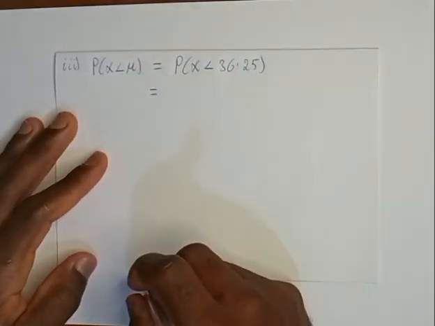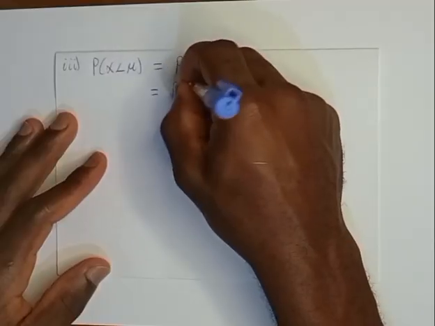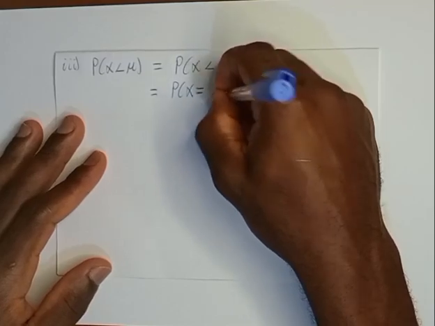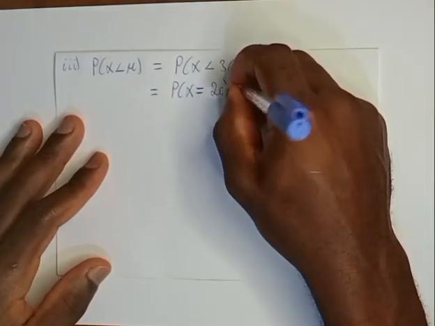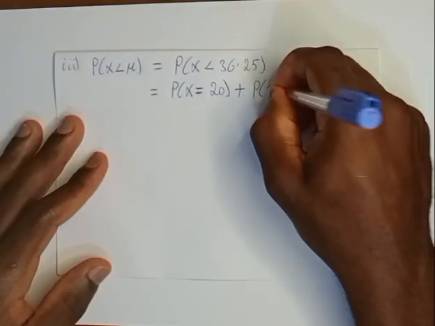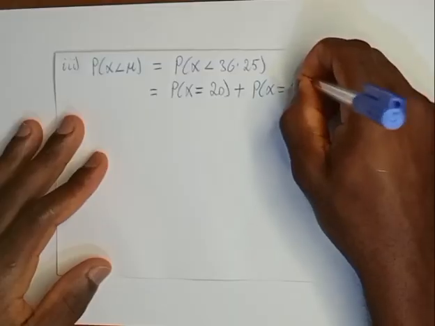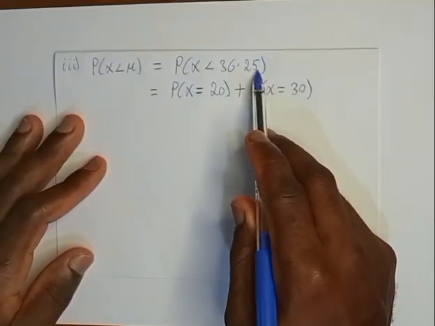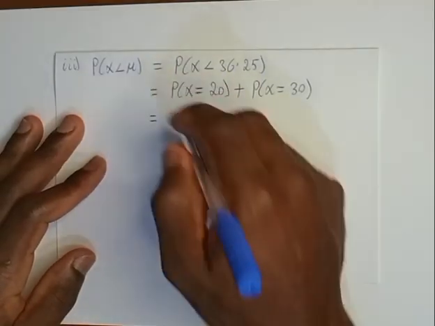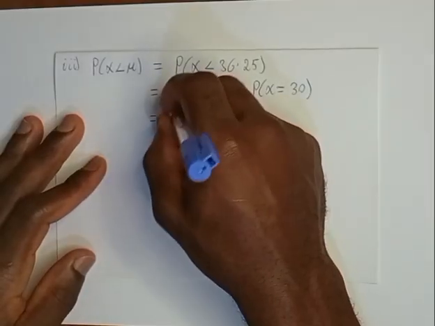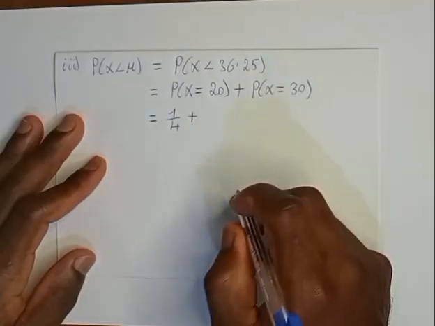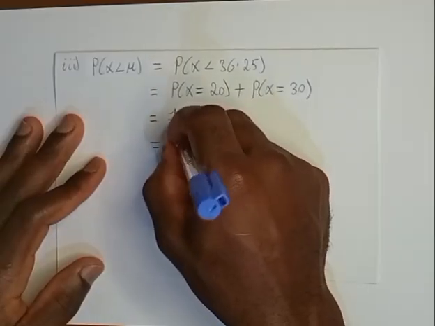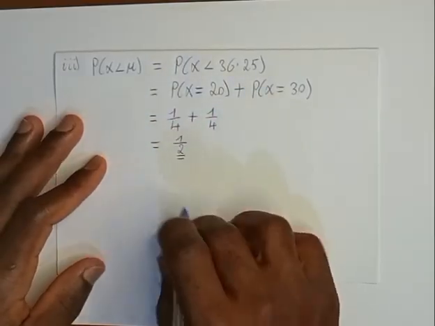This will be equal to P of x equal to 20, because 20 is less than 36.25, plus P of x equal to 30. 30 is less than 36.25. We cannot take 45 because it is more than this. So this will be equal to P of x equal to 20 gives 1/4 plus P of x equal to 30 gives 1/4. 1/4 plus 1/4 gives us a half.